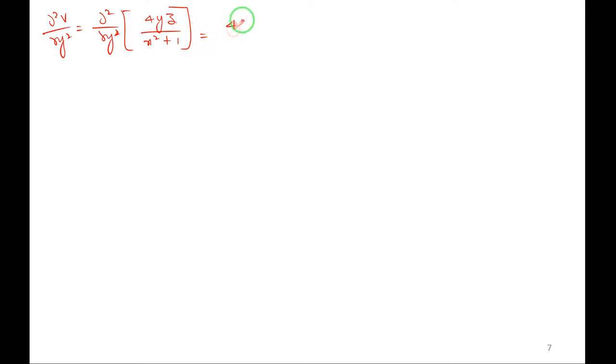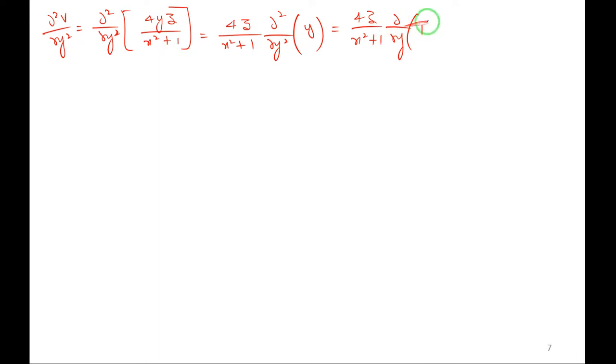So 4z by x square plus 1 can be taken out. What I am left with, I'll write dou square by dou y square. So I am left with only y. It is taken out. So first differentiate once with respect to y. So 4z by x square plus 1. So dou by dou y of y once, I will be getting 1, right? So this is constant. So with differentiation, I will be getting 0. The second term is 0, right?